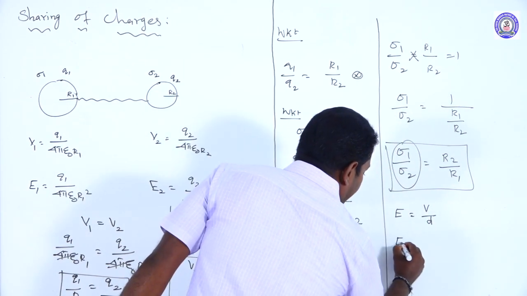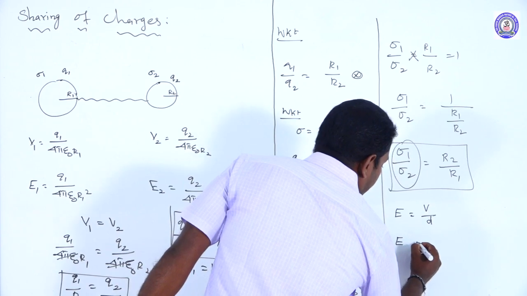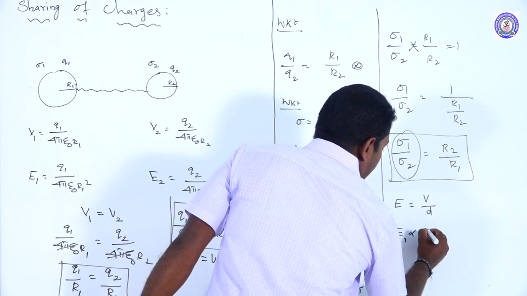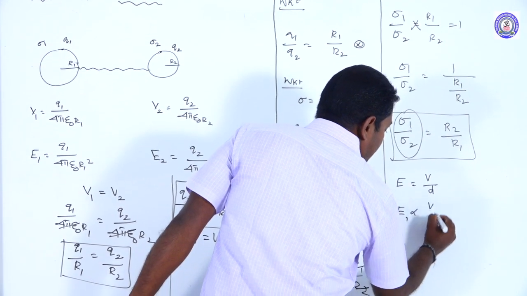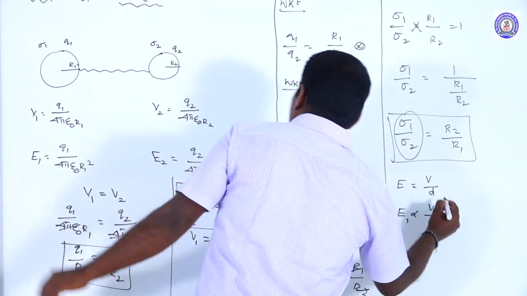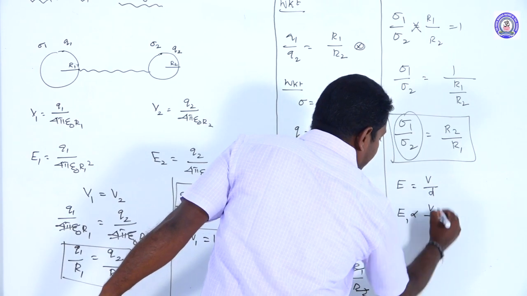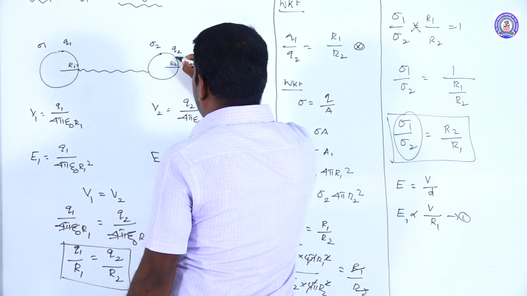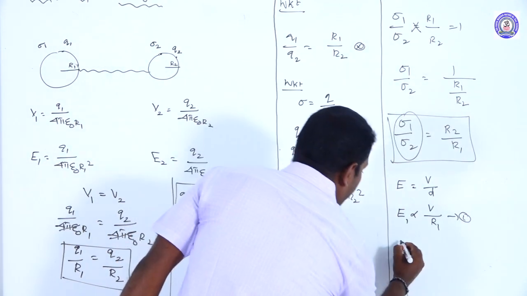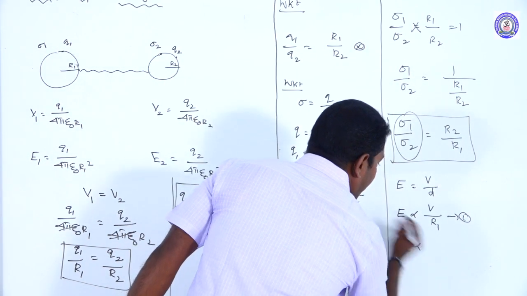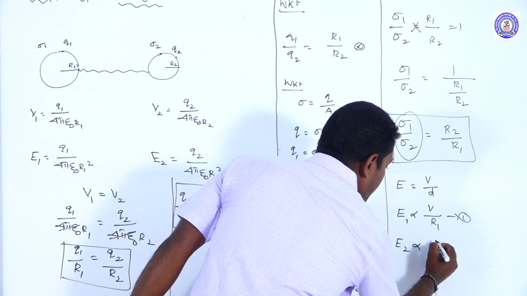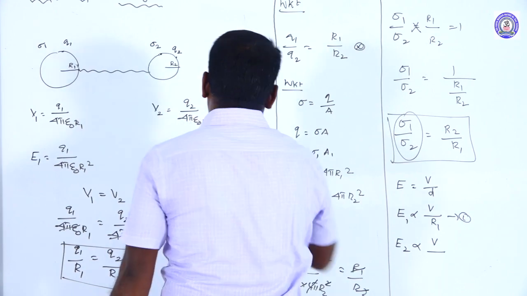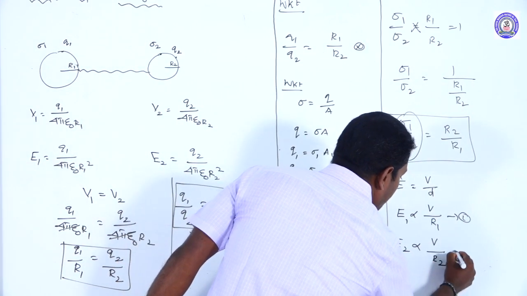Here, electric field intensity on the surface, E1, is proportional to V divided by R1, since both spheres have the same potential. That is equation number 1. Then E2, after sharing of charges, the potential of the second spherical shell is also V, divided by its radius R2. That is equation number 2.